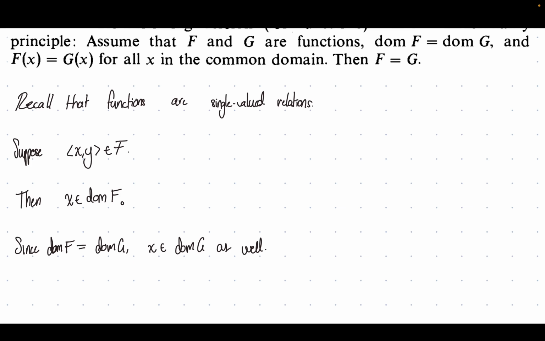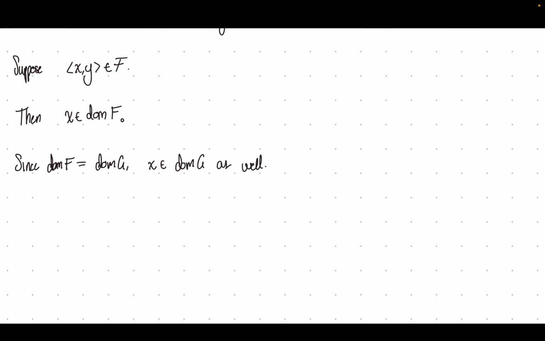Okay, cool. Now, given that x is in the domain of g, there must exist some y in the union of g such that x comma y is an element of g.